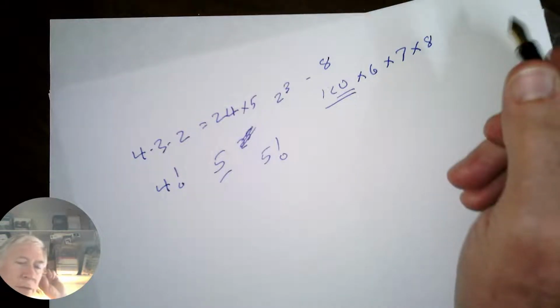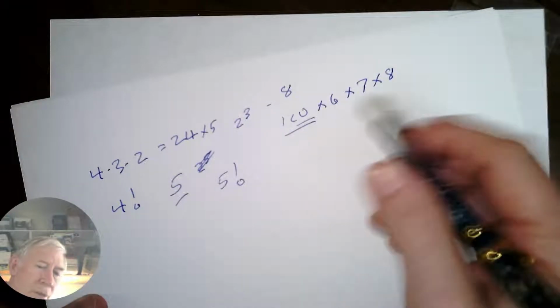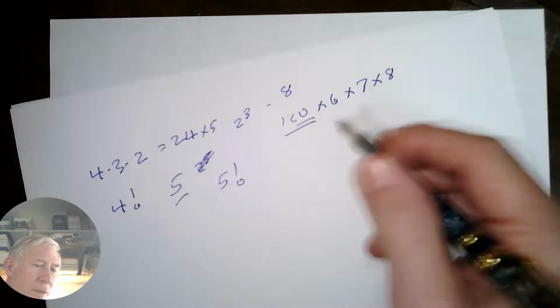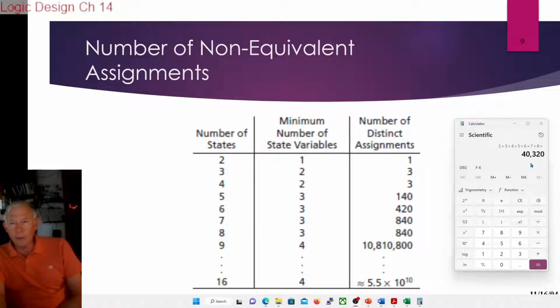And that gets to be a big number. Let me calculate it real quick. So you can see over here, it's 40,320 possible assignments. And of those, there are 140 that are distinct, where you could have different amounts of hardware. Okay, so that's how that goes.